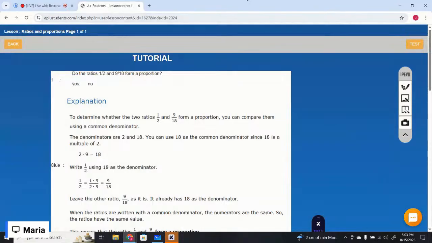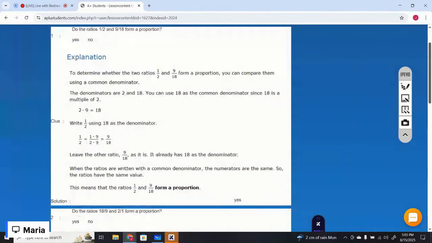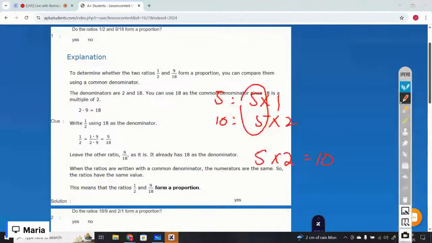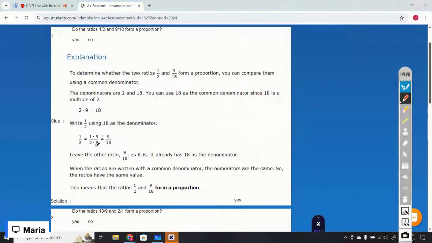So we are given the ratios, 1 by 2 and 9 by 18, right? We need to see if they form a proportion. The denominators are 2 and 18. So multiplying the fraction 1 by 2 by 9 to make the denominator the same, that makes 9 by 18. So now both the fractions are equal, which means they form a proportion.